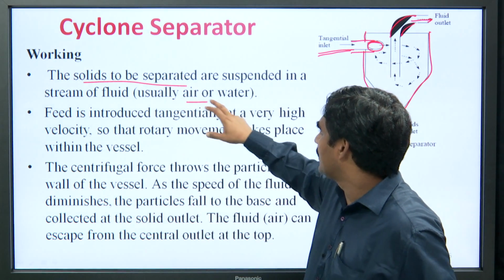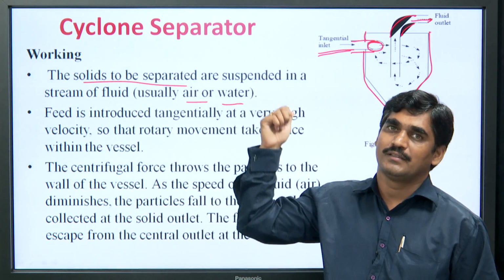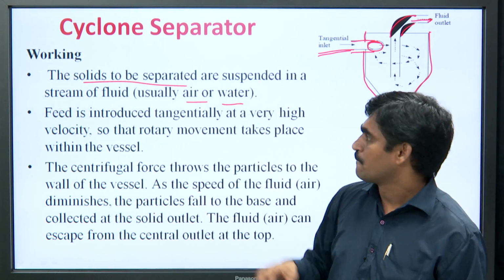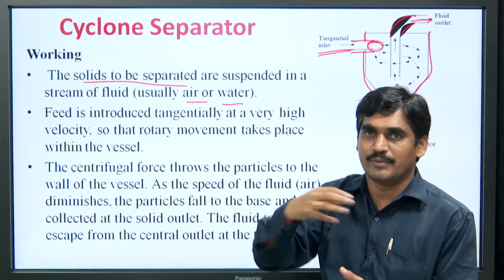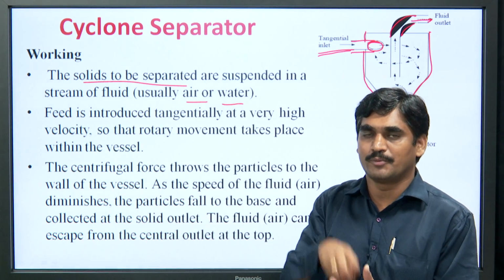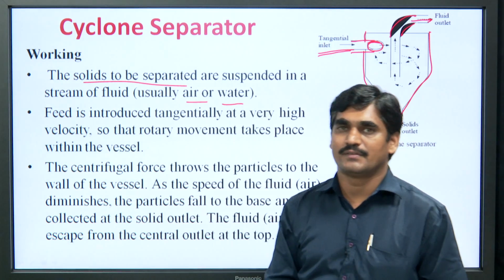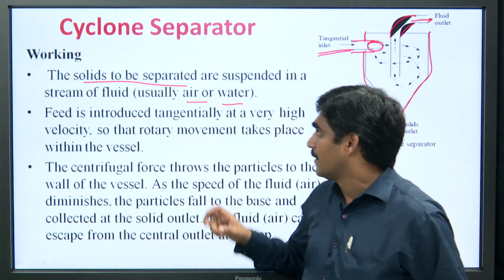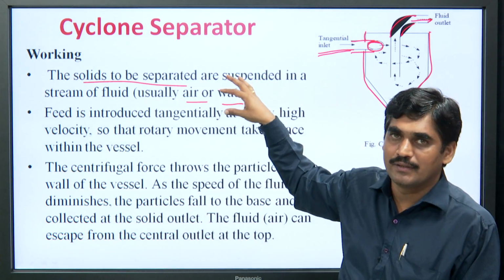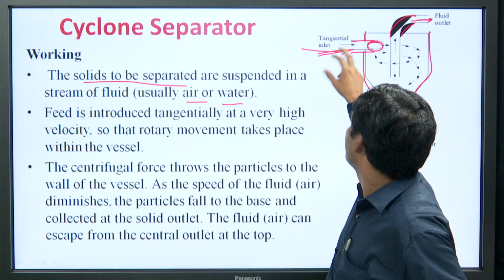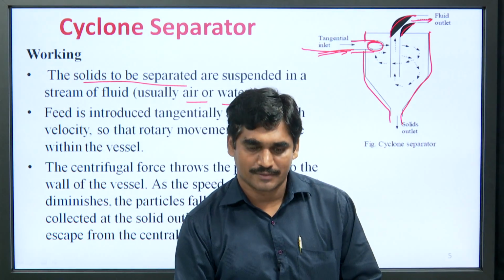Usually air or water is used as the fluid in cyclone separator. The solid particles are mixed with this air or water, and we have to prepare a suspension. As soon as this suspension is prepared, the fluid is introduced through this tangential inlet into the cyclone separator.